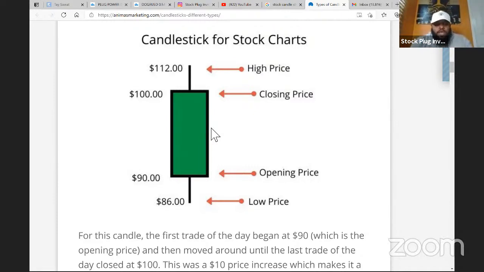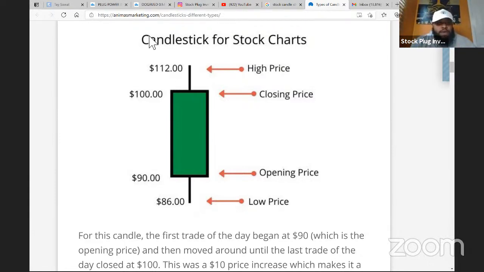If y'all seen the post on the channel, Stock Plug Investments on IG, same thing on YouTube, I posted this image, and this is a bullish candle, meaning the stock went up. If you see a green candle, the stock went up. If you see a red candle, the stock went down.